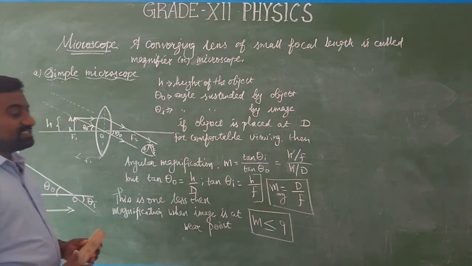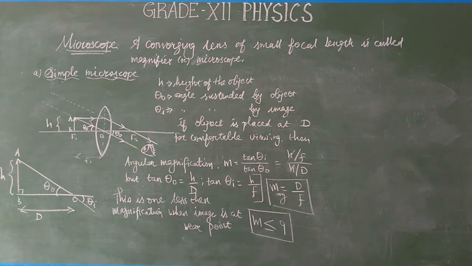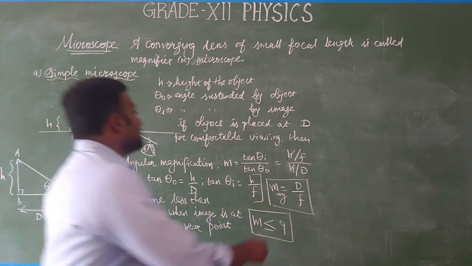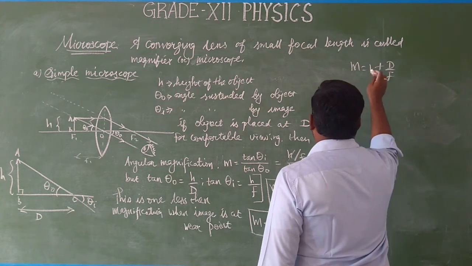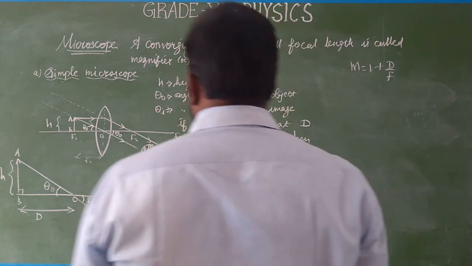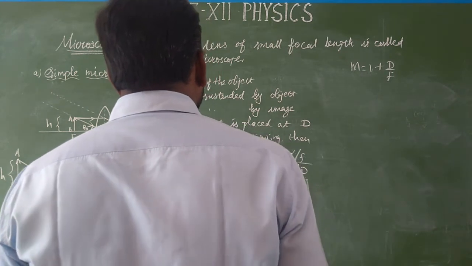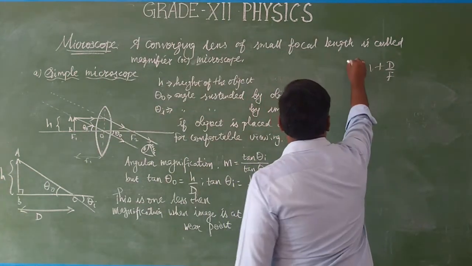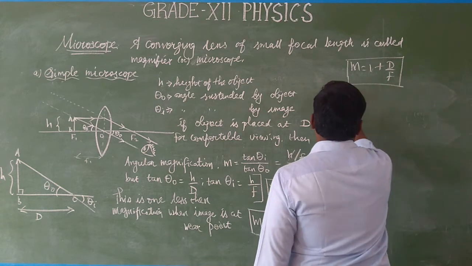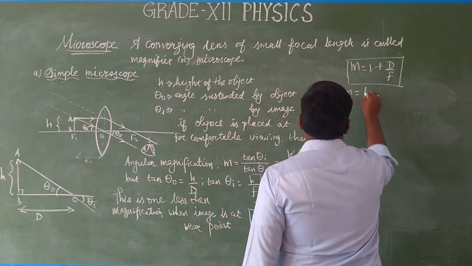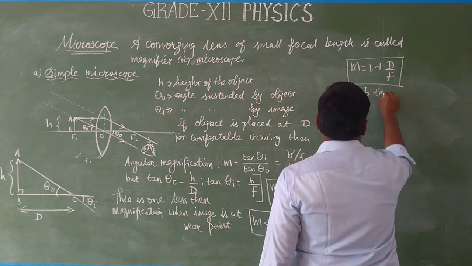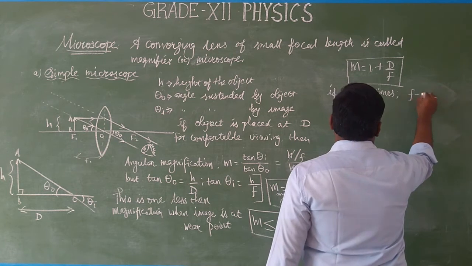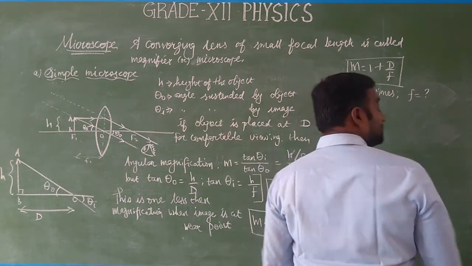Based on this, we'll see a simple problem. Already we know M is equal to 1 plus D by F. If the magnification is 6 times, find the focal length of this converging lens in the simple microscope.